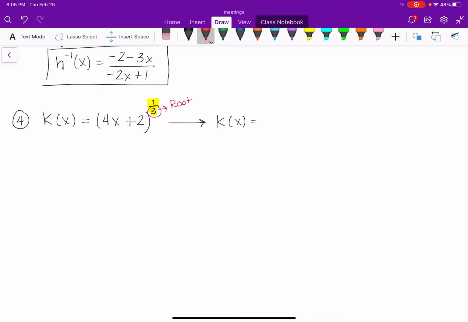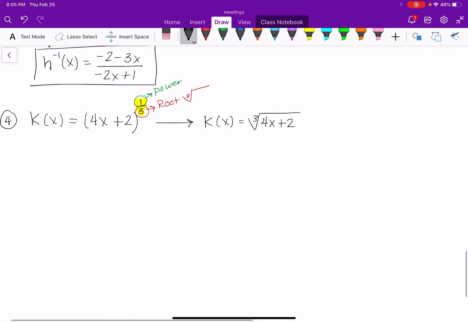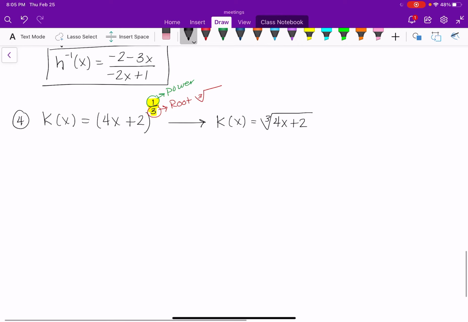So this in this particular problem is a cube root, and this 1 on the top is your power. So in this case, the power would be 1, which we wouldn't really care about because raising something to the first power doesn't actually change anything. So we could rewrite this guy as the cube root of 4x plus 2. It's up to you how you want to work this problem. It doesn't really matter. You can do either one.